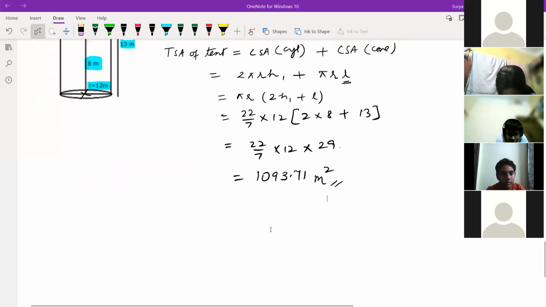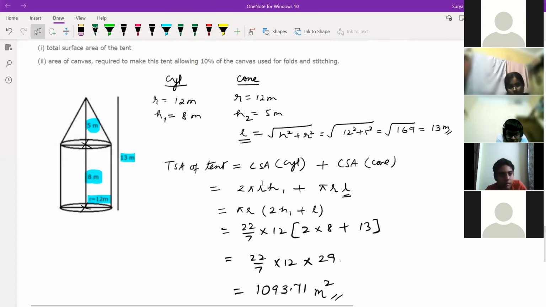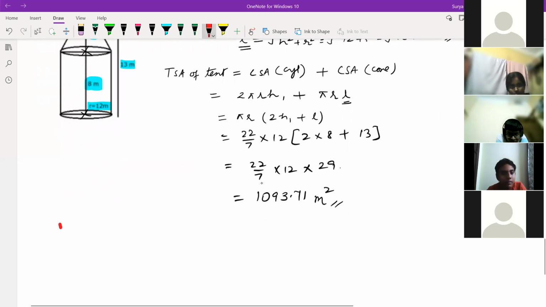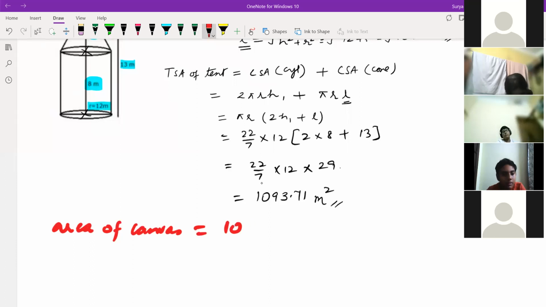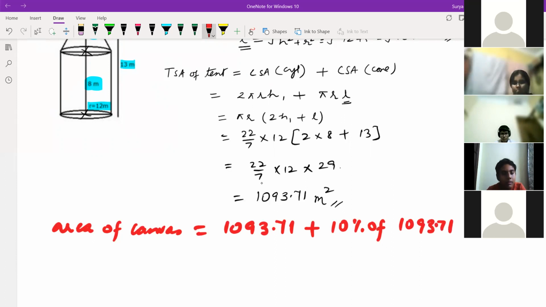See how to make it easier, children. Try to understand. Now what is given here, the area of canvas. Now for the area of canvas we should use 10% extra. You should use 10% extra on this. 10% of what? 1093.71.